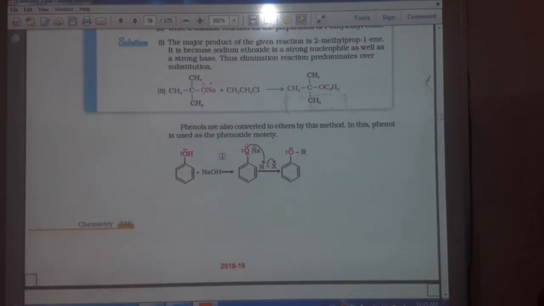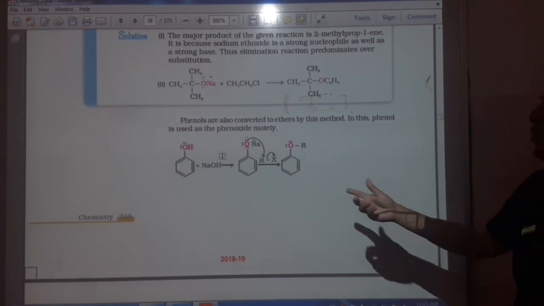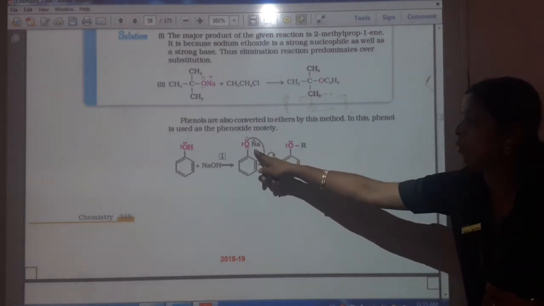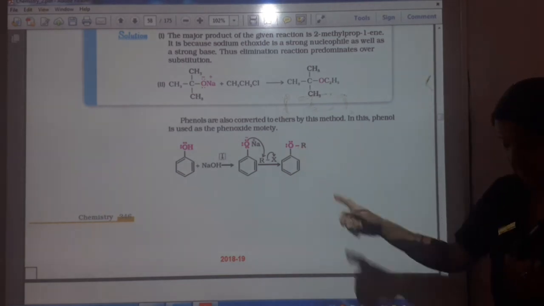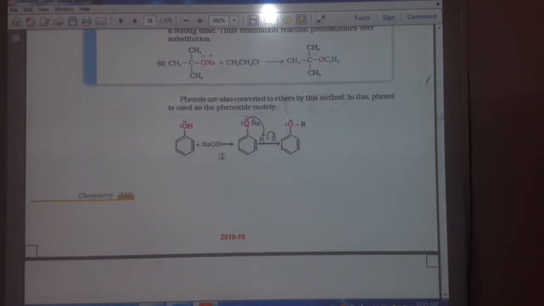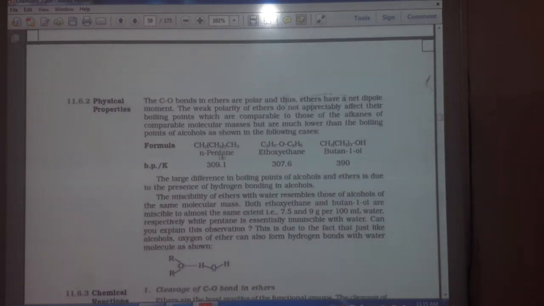Phenol can also be used, children, with the same method: with sodium hydroxide you get ONa, which when treated with any alkyl halide gives OR attached here. The mechanism is the same, you just have to understand.